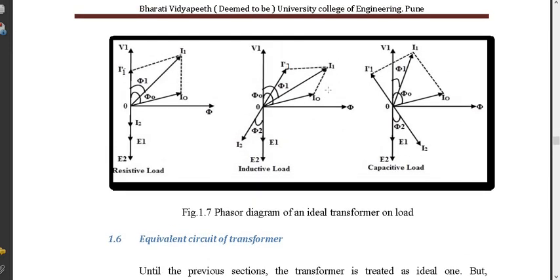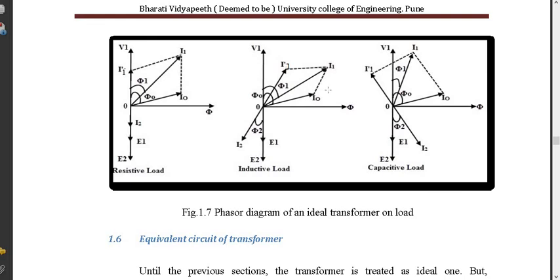You can see over here, when I say the transformer is loaded, it can be a resistive load, an inductive load, or a capacitive load. Let me talk about the very first one. The no load phasor diagram remains the same, with phi on the x-axis, V1 on the y-axis, and opposing to that are E1 and E2. Then it is I0, which has IC as a component in phase with V1, and IM as a component in phase with phi.